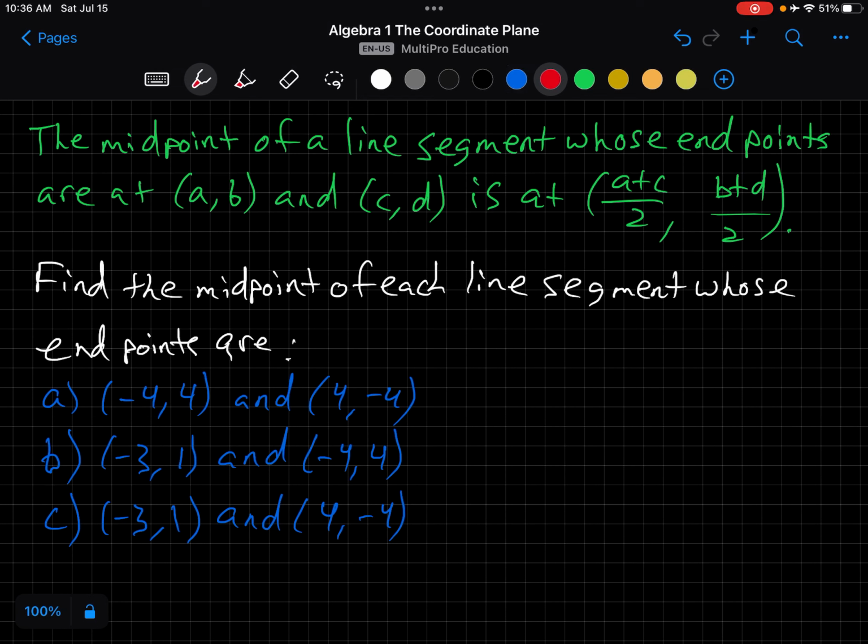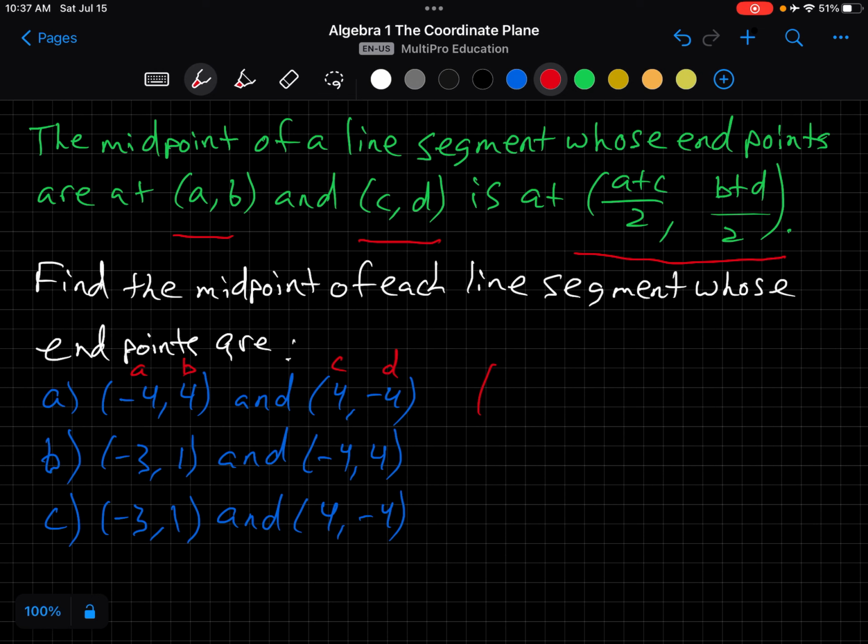So using this formula, we have the AB and the CD, and we need to find this. Okay, so A is here, B is here, C is here, and D is here.